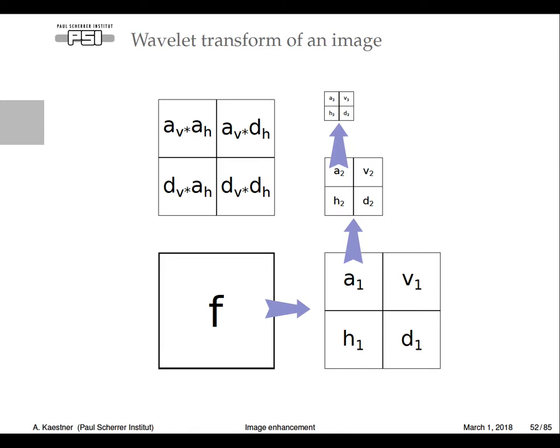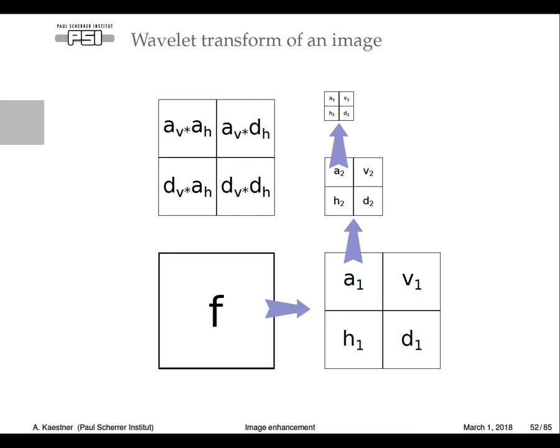Now we have a 2D case. Now we not only have the trend, but we also have different directions that we look at. So this is looking in the vertical direction, this is looking in the horizontal direction, and this is diagonal information.